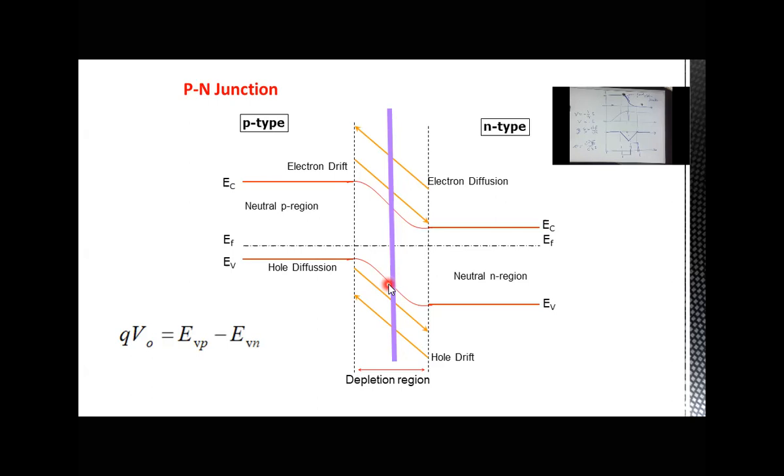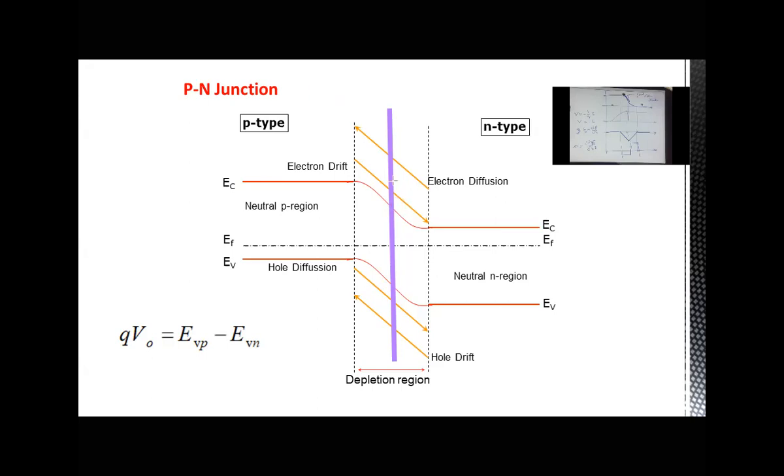Let me describe it from the electron perspective, which is somehow easier to understand. So now this region includes a huge number of electrons because it's n-type. If the electron is staying at this point, whenever the tilting happens, the electron will drift in this direction. So when the electron drifts in this direction, that means that the atom including this electron will become a positive ion. Again, let's make it by drawing.